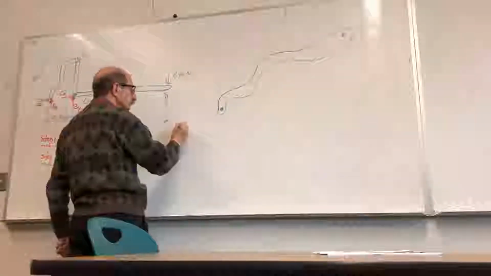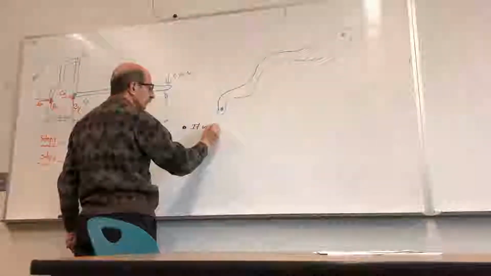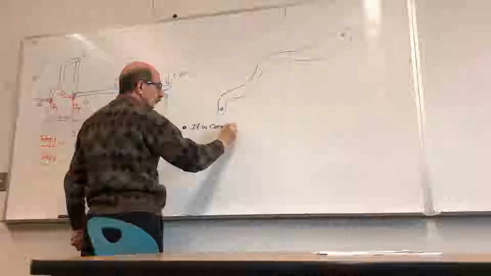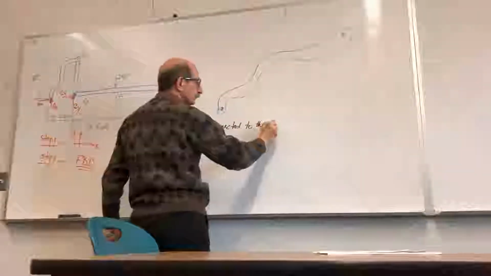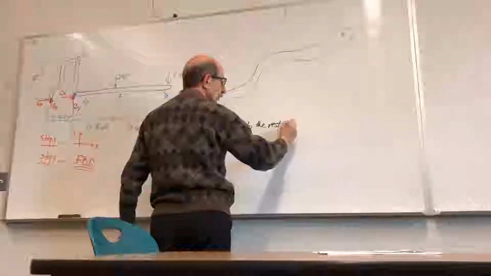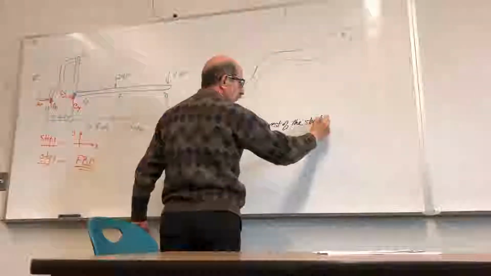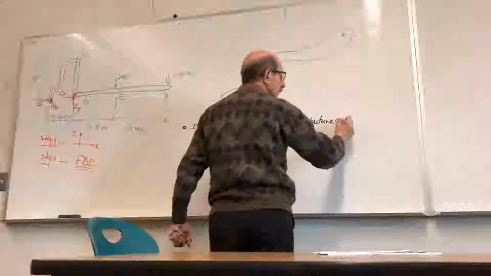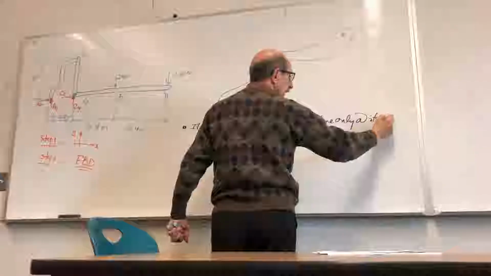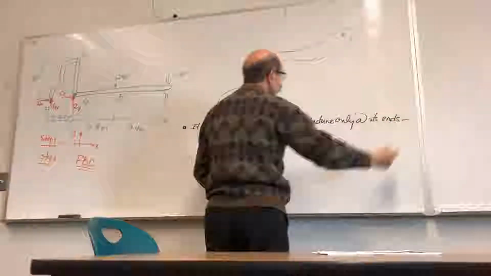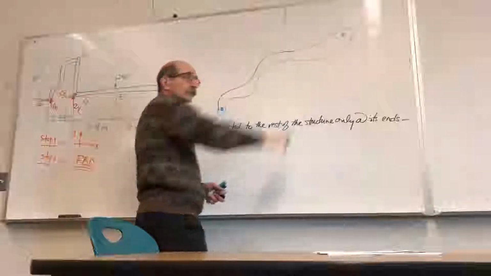The three attributes being, it is connected to the rest of the structure only at its ends. In other words, you don't have another piece connected anywhere along this member.